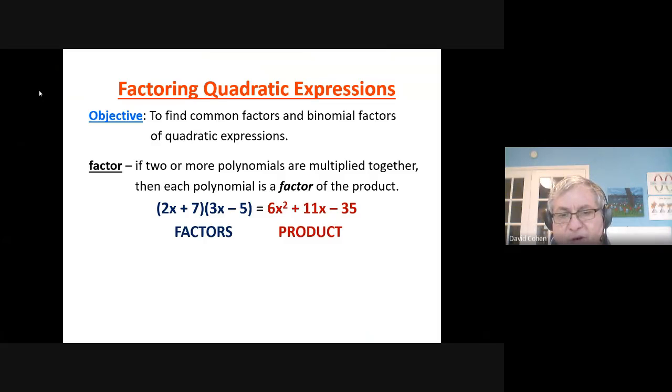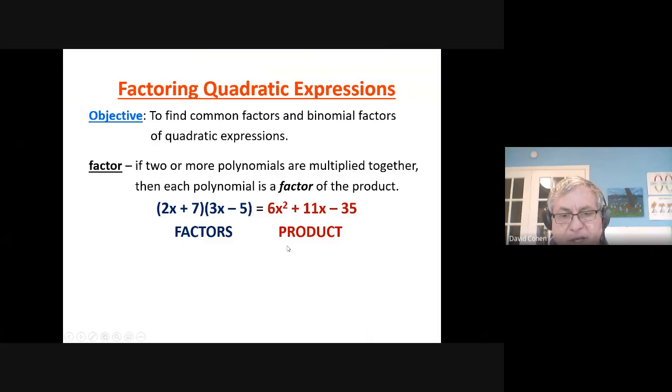If I FOIL that out, I get 2x times 3x, which is 6x squared. 2x outside times negative 5 is negative 10x, plus 21x gives me 11x, and 7 times negative 5 is negative 35.